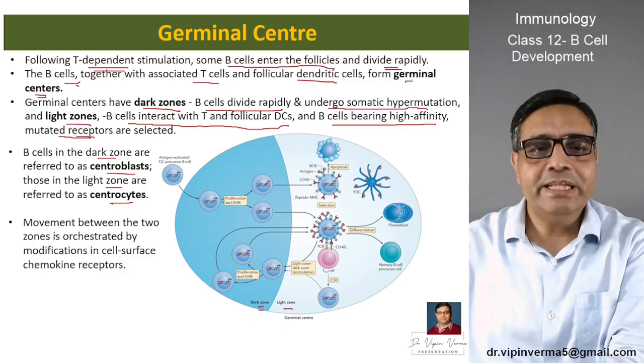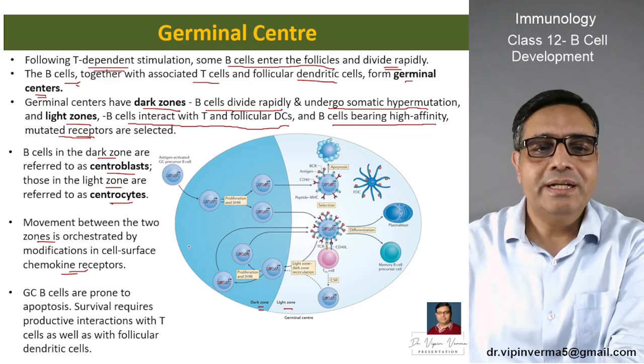Now, movement between the two zones is orchestrated by modifications in the cell surface chemokine receptors. So as the cell surface chemokine receptors change, chemokines direct the movement from dark zone to light zone or light zone to dark zone. Now, germinal center B cells are prone to apoptosis.